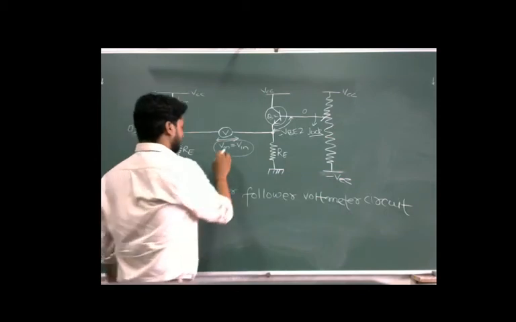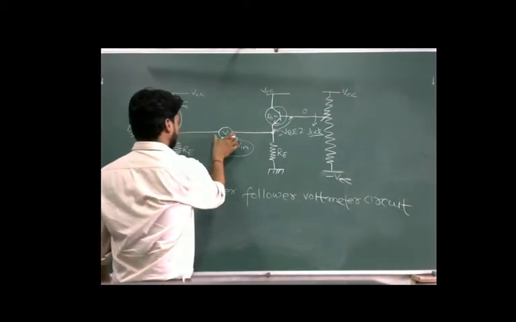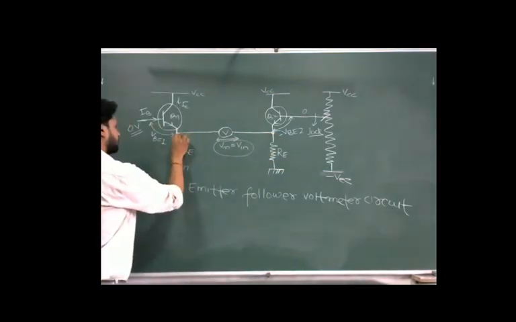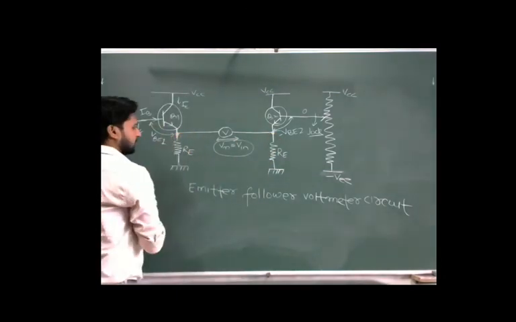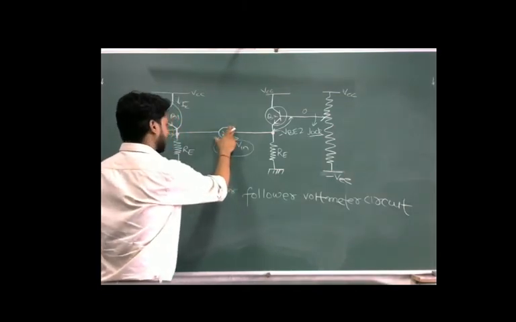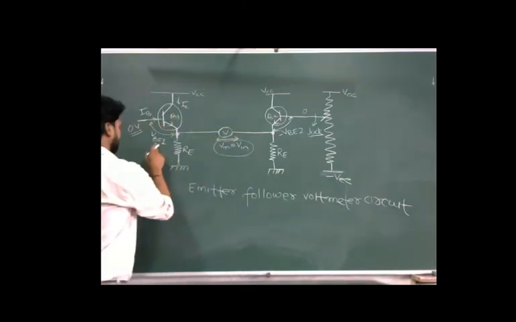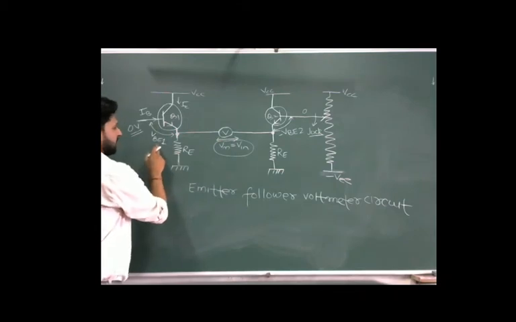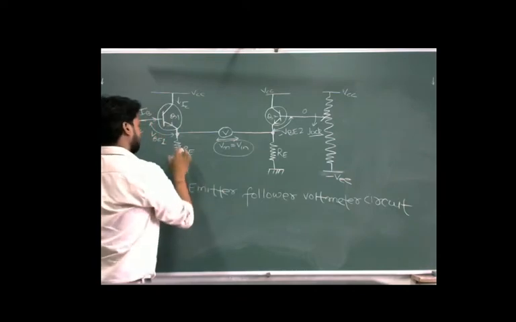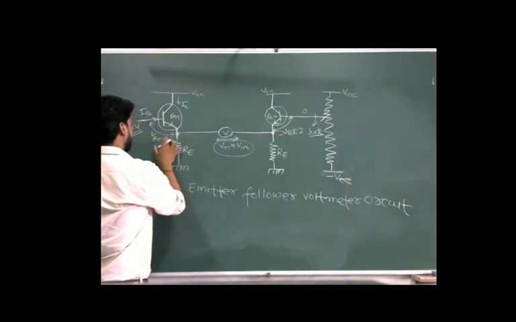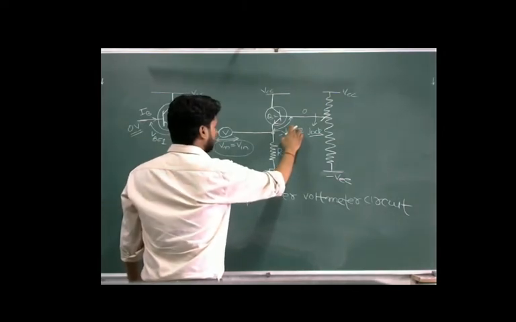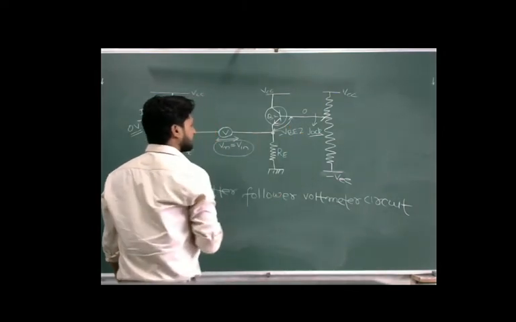If the potential across this voltmeter is zero, that means the potential here and the potential here are the same. That means when the voltmeter gives zero deflection, at that time the potential VBE1 appears at this point also. In this way, by adjusting this knob, we can generate a similar potential of VBE1 with the negative sign at the base emitter terminal of the transistor Q2.